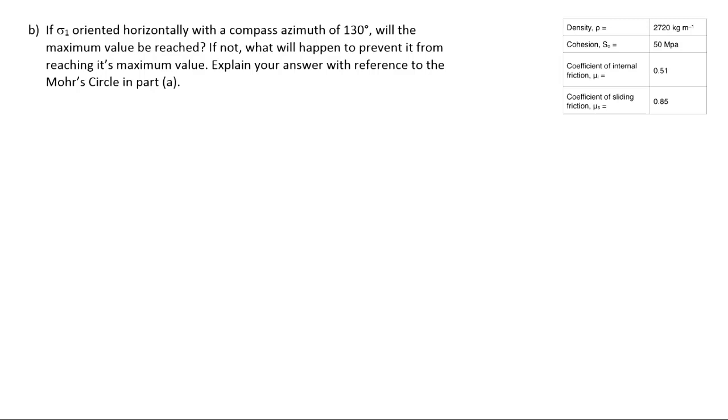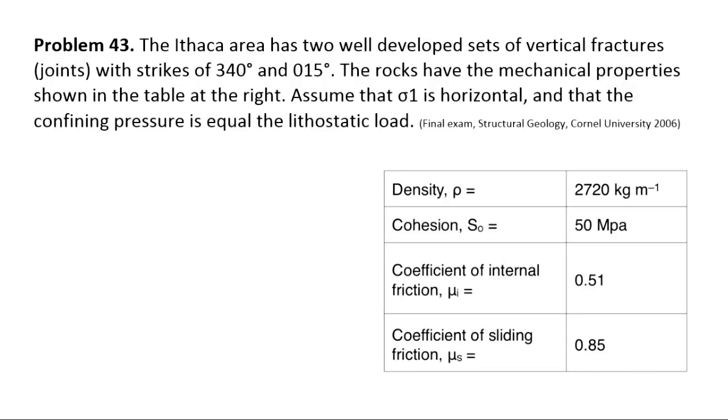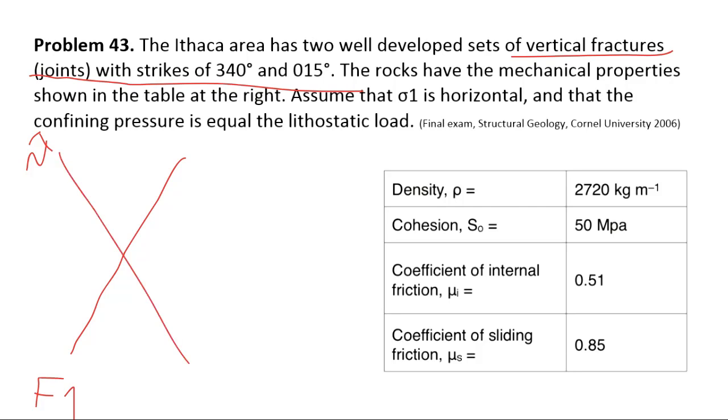If I go to the title of the question, right here we see there are vertical fractures with strikes of 340 and 15. Say this is north, and I have one set of fractures like that which has an angle of 15 with north, and you call that F1, and there's a second set at 340, F2.